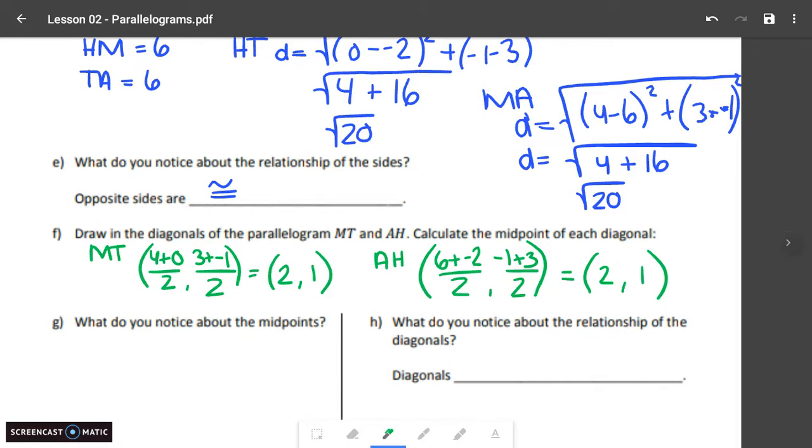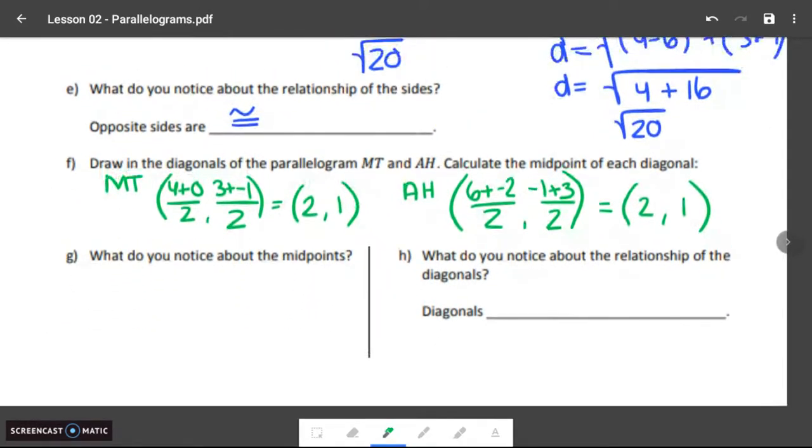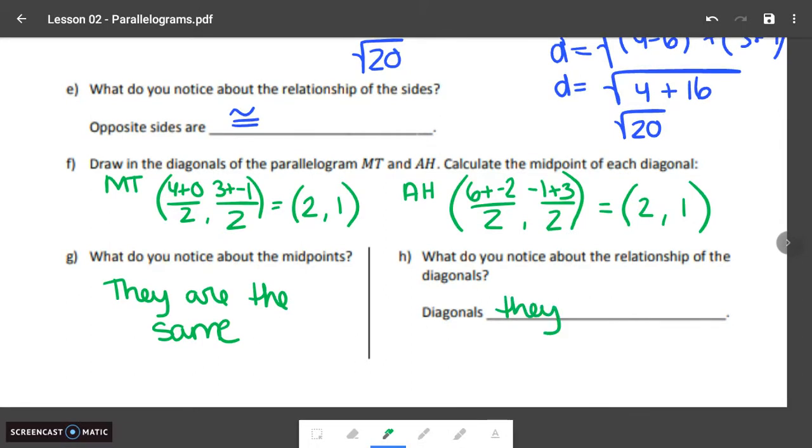And they both have the same midpoint. So what do we notice about the midpoints? They are the same. So what do you notice about the relationship of the diagonals? They bisect each other. Remember, if they have the same midpoint, that means they're cutting each other in half. So midpoint goes with that keyword bisect.